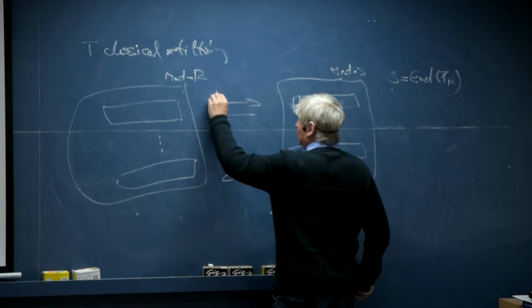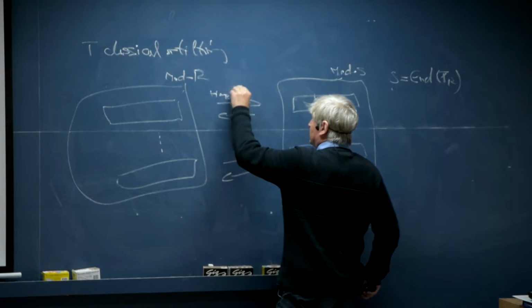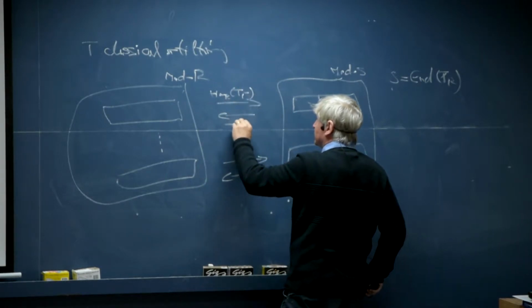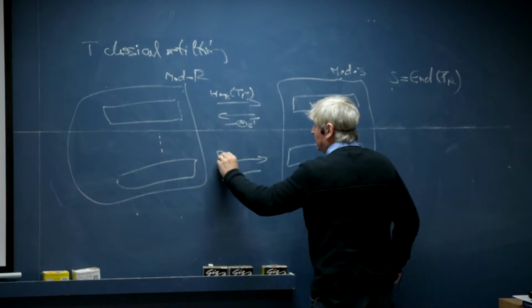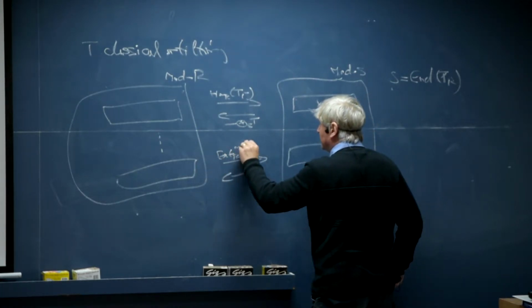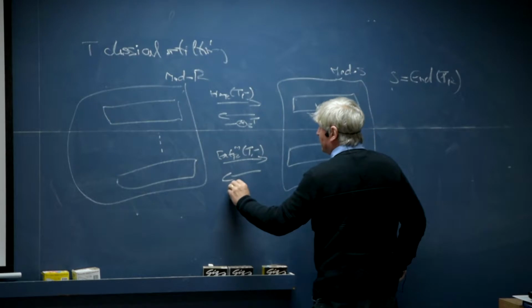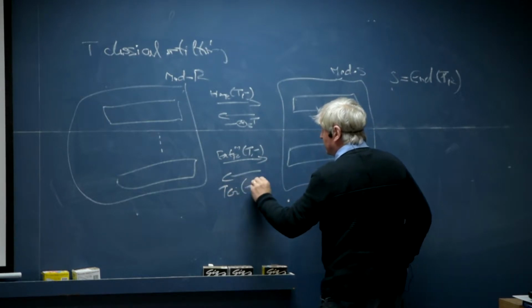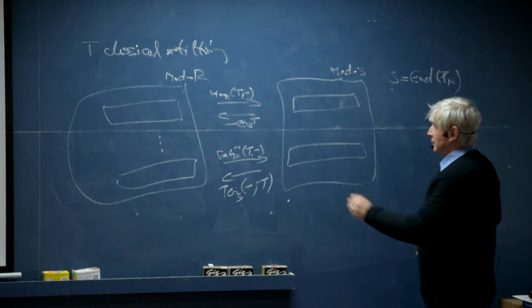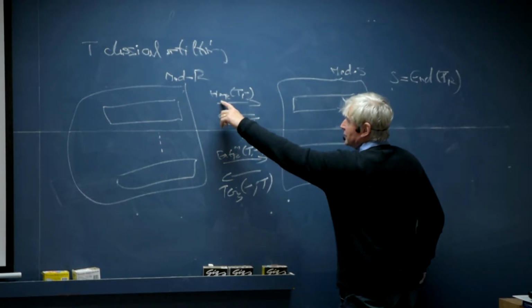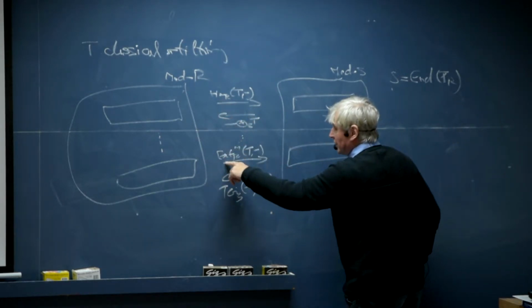The first one is just a Hom functor, as in the Morita setting, and the tensor product. But there are other functors, and the last one is Ext^n_R(T,-) and Tor^S_n(T,-). So this is the Ext^0, Ext^1, etc., up to the nth one.